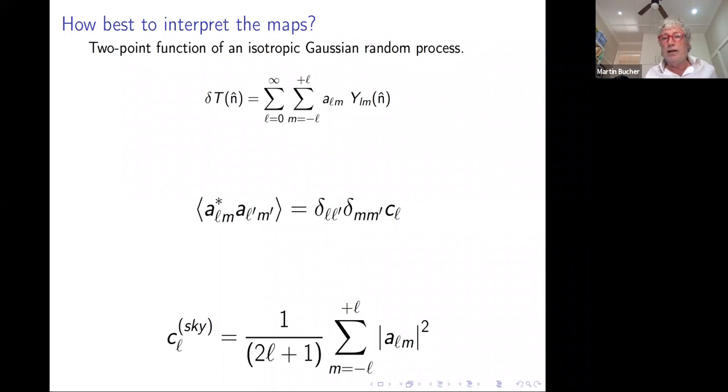So these triangular brackets mean an ensemble average, and our sky is just one element of the ensemble. So if you believe the isotropic hypothesis, which you can test, you can see if the anisotropies in the northern hemisphere are greater than in the southern hemisphere, and there will be some fluctuations.